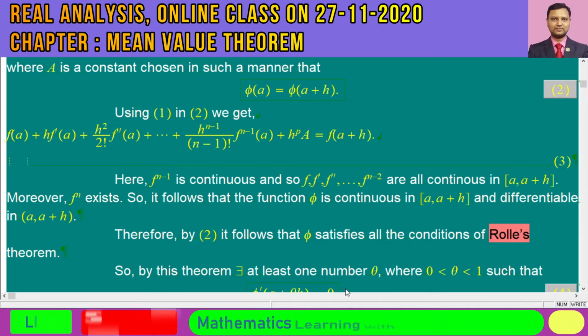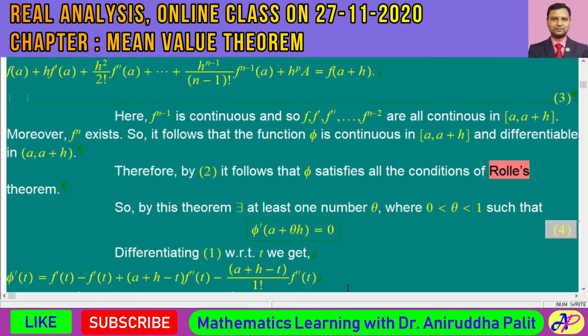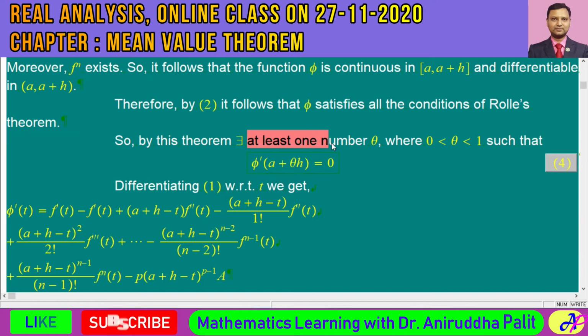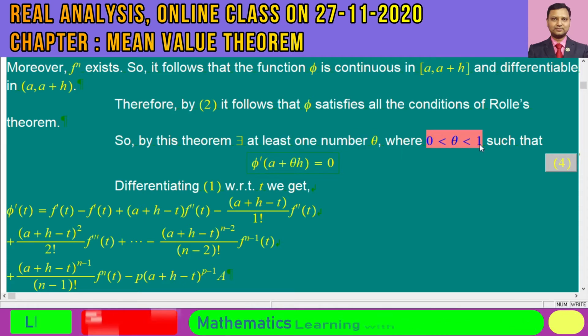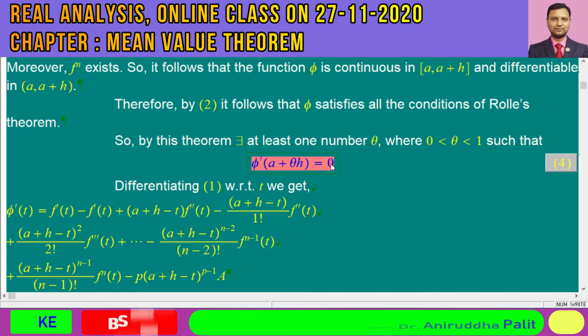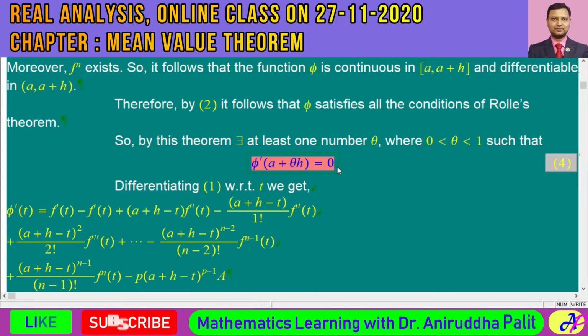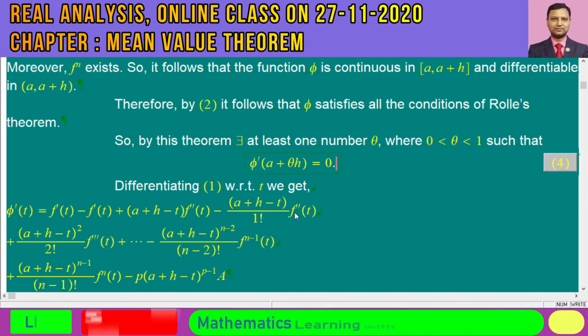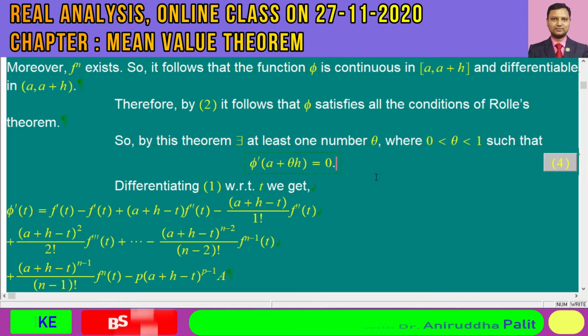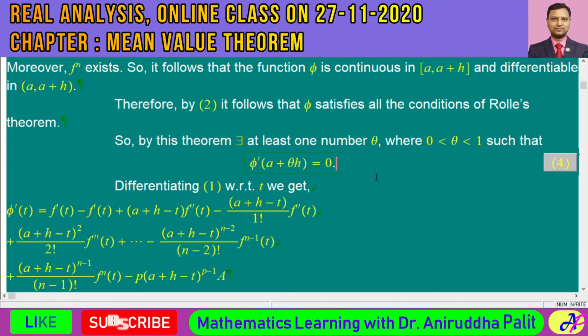Therefore by Rolle's theorem there exists at least one number theta, where 0 less than theta less than 1, such that phi dash of a plus theta h is equal to 0.